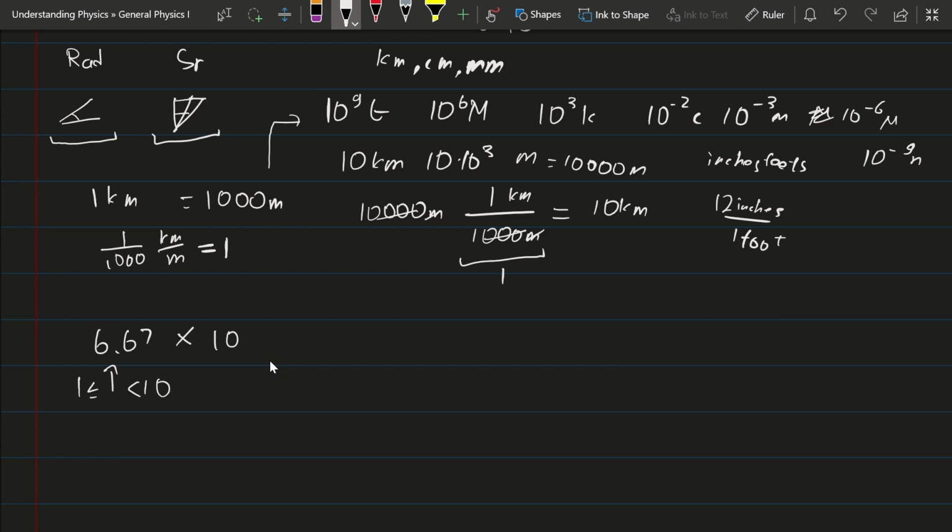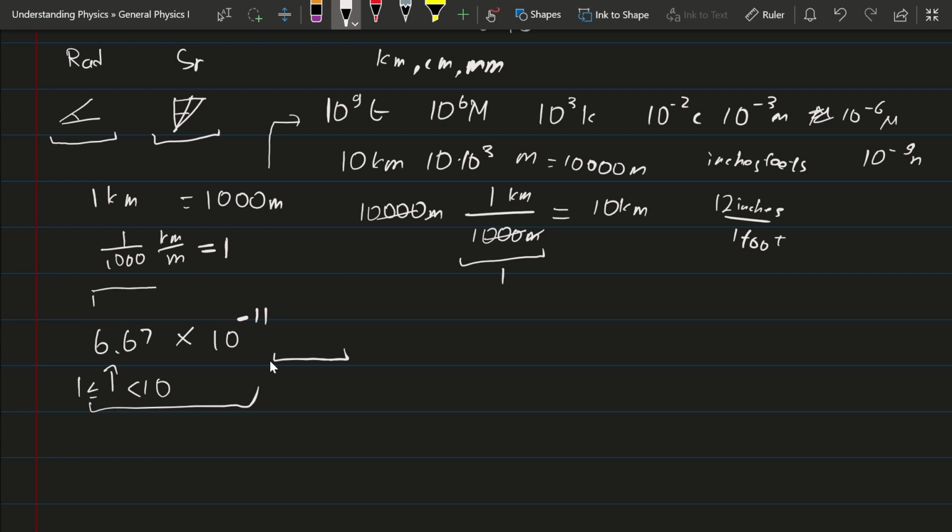For example, we could write the gravitational constant as 6.67 times 10 to the power of negative 11, while at the back you will have certain units that we'll discuss more in chapter 8 about gravity. But this is how we write numbers in physics.